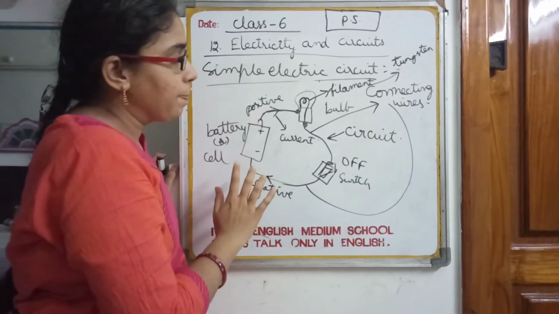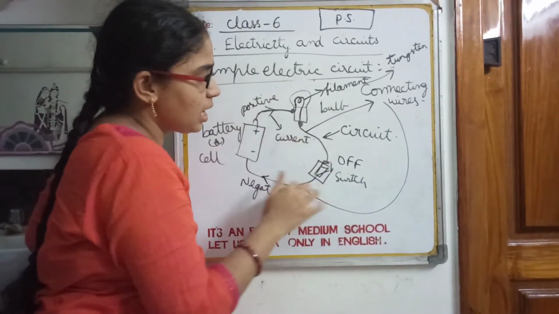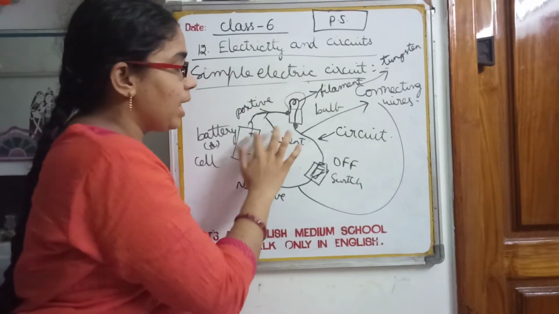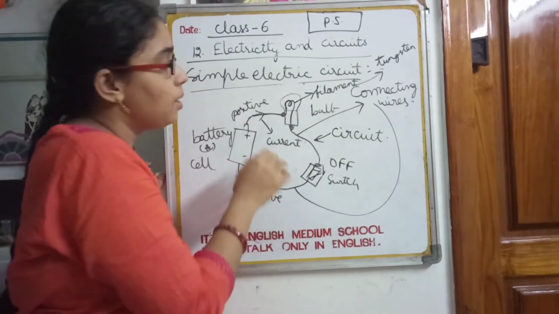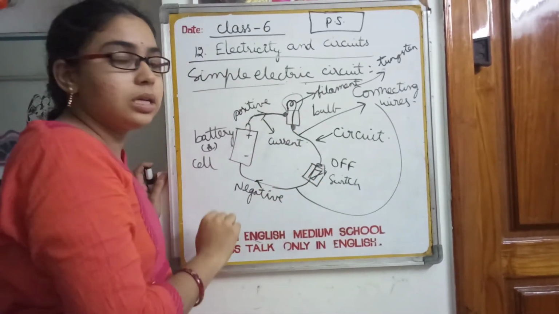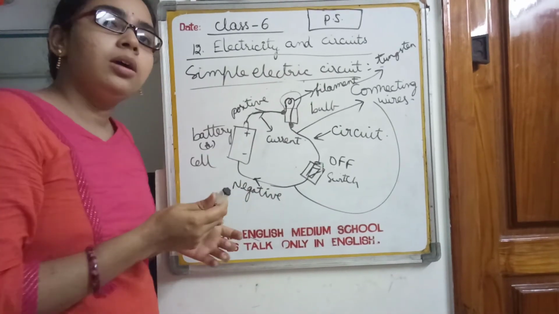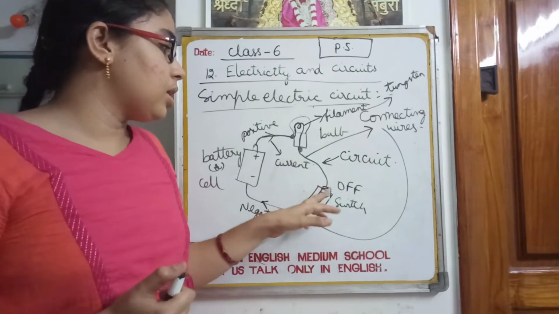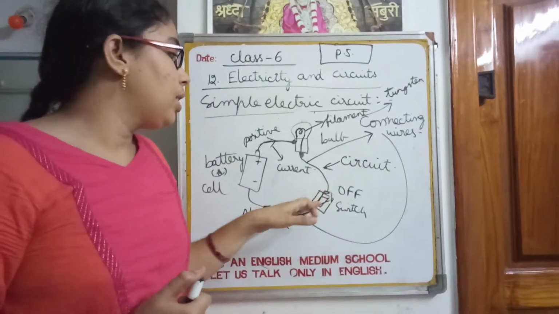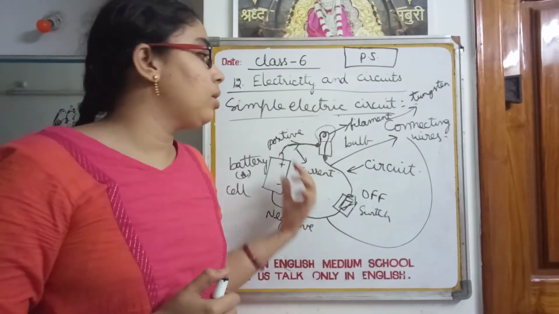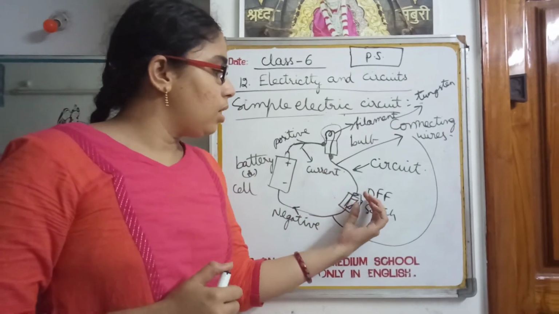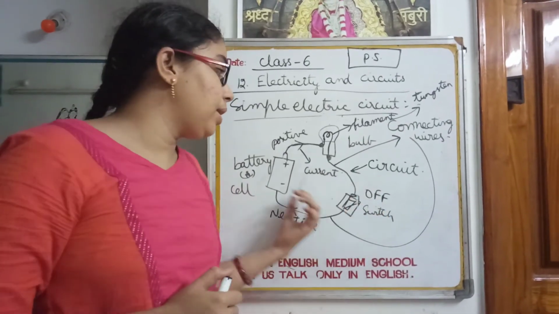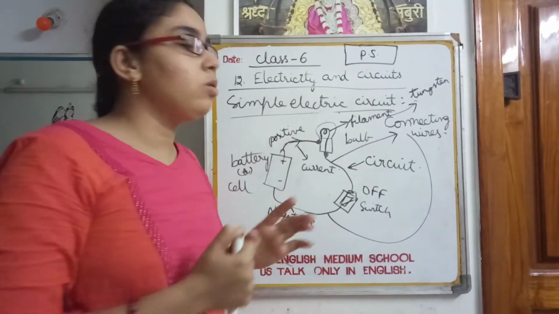This circuit can be made by connecting one or more devices using connecting wires. Unless we have wires we cannot make a circuit. In the circuit, if the switch is in off position then it doesn't allow current to pass through and the bulb doesn't glow, and if the switch is in on position then it allows current to pass through it and the bulb glows.